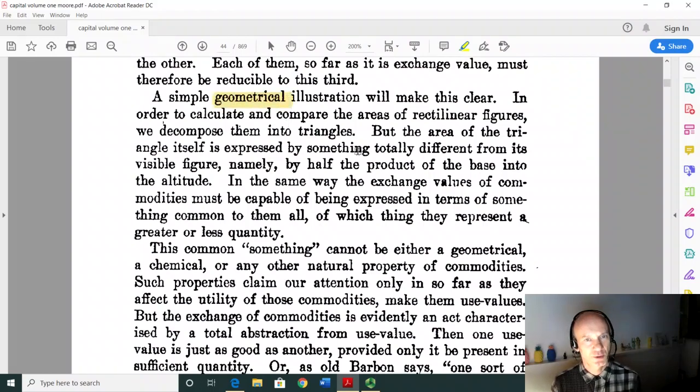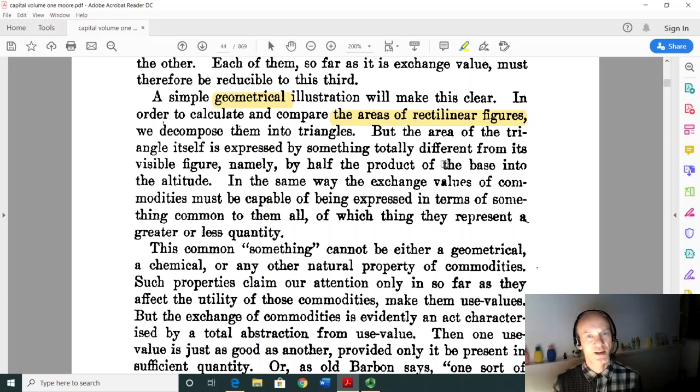I don't know how good your memory of geometry at school is. If you want to calculate the area of rectilinear figures, you basically divide them into triangles, because the area of triangles you can calculate quite easily.